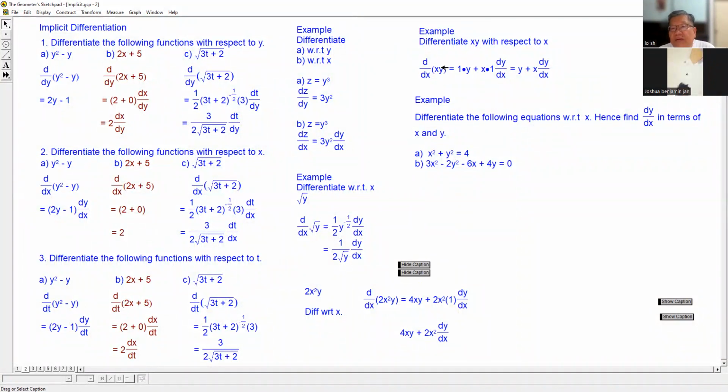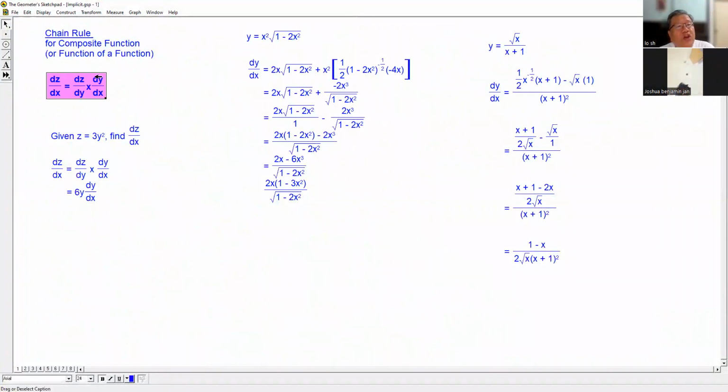But because you are differentiating y with respect to x, you have to add this term here, dy dx. Where does it come from? It comes from our chain rule. You differentiate with respect to y, then you must write down dy dx. So the same thing here.